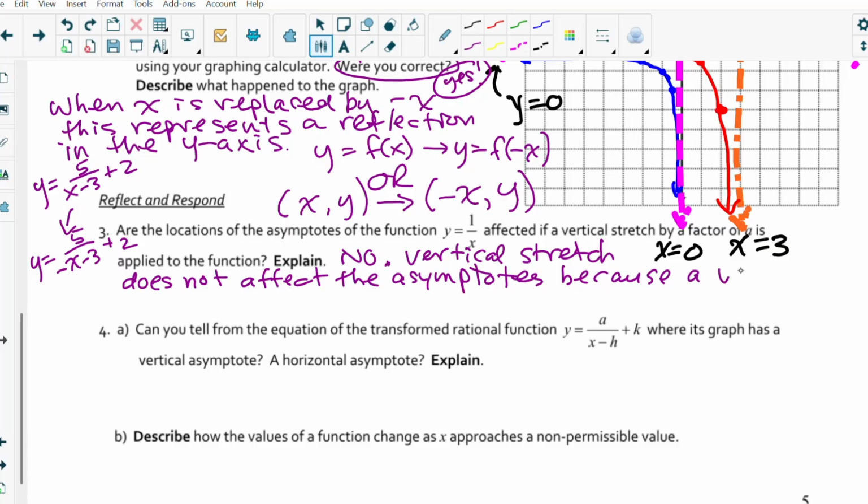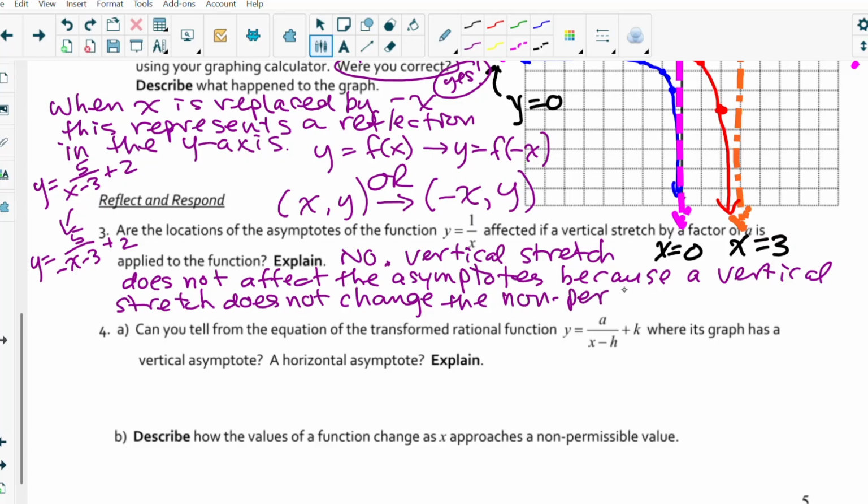because a vertical stretch does not change, look what it does algebraically. It does not change the non-permissible values, which lead to your asymptotes.